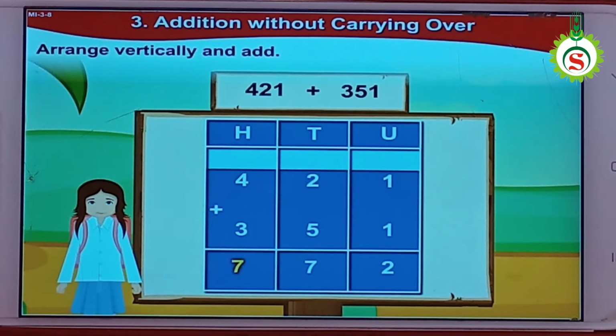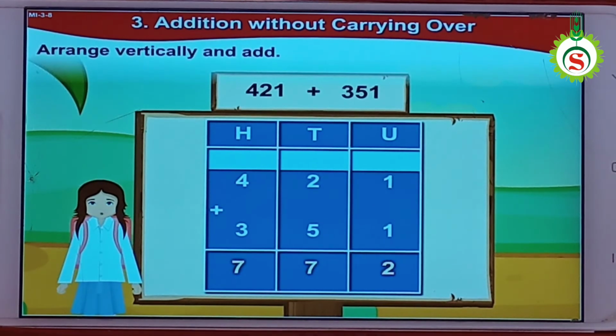Which means the answer is 700, 7 tens and 2 units. That means 772. Now the next one.